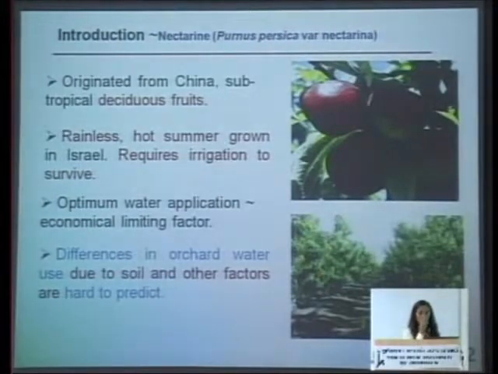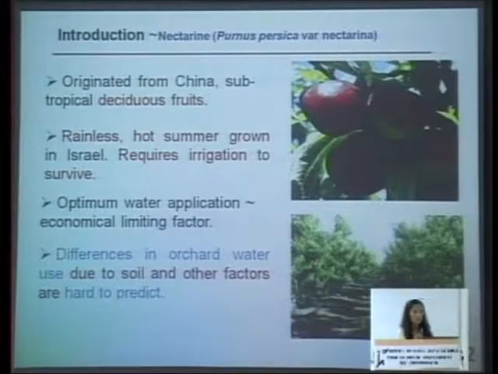Other factors of the specific orchard, such as soil parameters and climatic parameters, can determine the water use, and it is hard to predict, and it is not the exact use of water if you use the general recommendation.